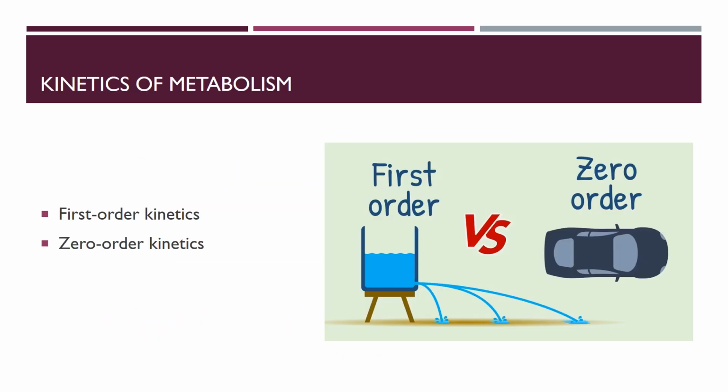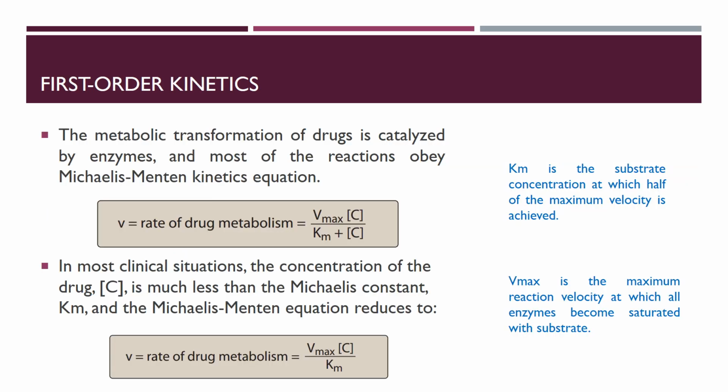Kinetics of metabolism include first order kinetics and zero order kinetics. First order kinetics: the metabolic transformation of drugs is catalyzed by enzymes, and most of the reactions obey the Michaelis-Menten kinetics equation.